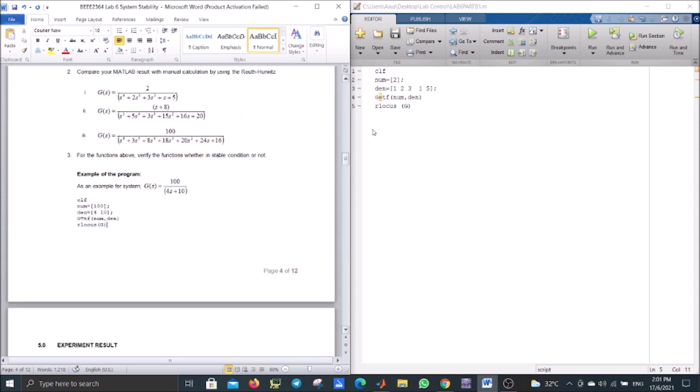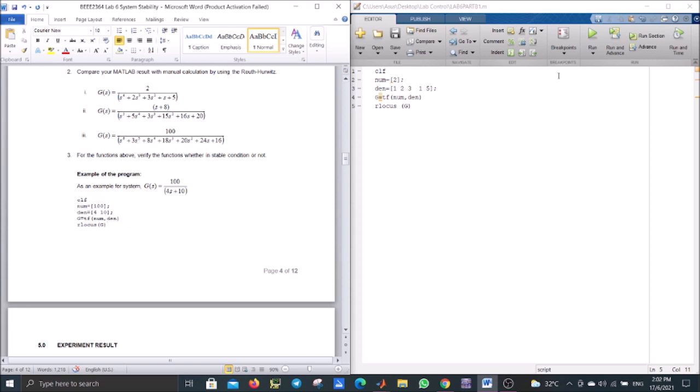So like here, part B number one. The numerator is 2 and the denominator is over here, that is 1 2 3 1 and 5. So as you can see, I have substituted the values for the denominator, that is 1 2 3 1 5.